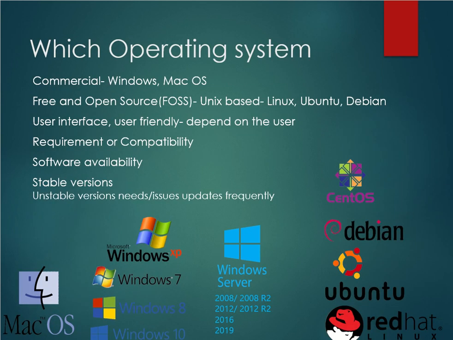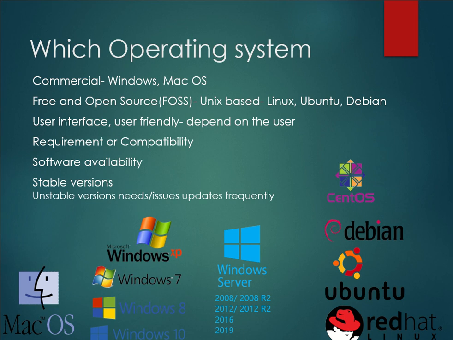And when we are going to install an operating system, first of all we have to select which operating system we are going to install. There are many types depending on their behavior, the commercial profile.